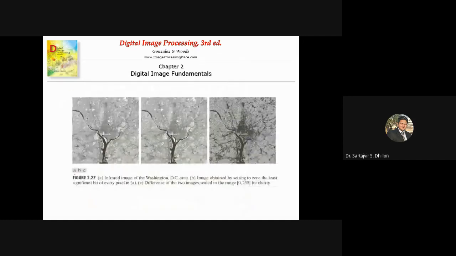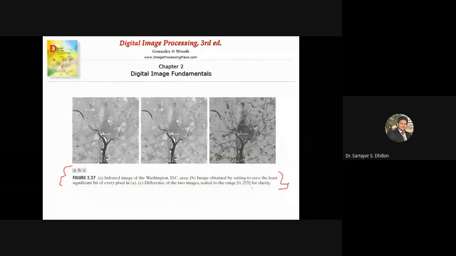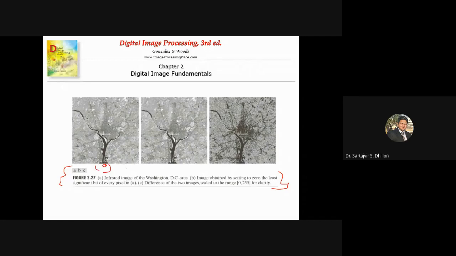Here you can check the arithmetic operation in which the two images are image 1 and image 2, and the third one represents the difference between these two images, that is A minus B. The black represents zero, for example 1 minus 1 gives 0, and the gray or bright portion represents the change between these two images.